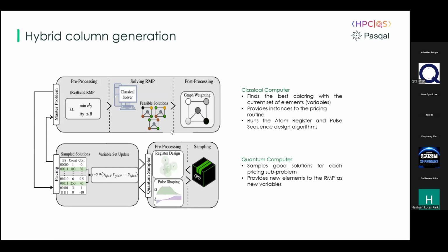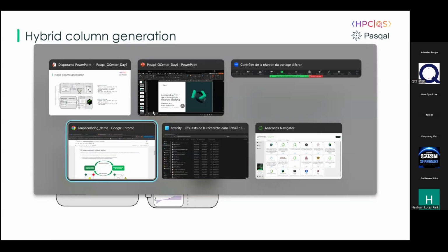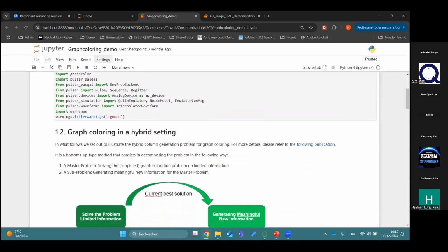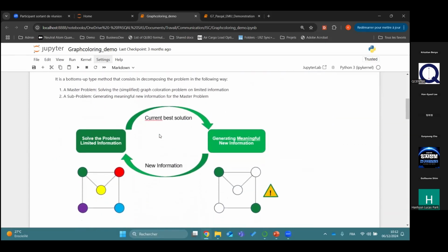And now what I wanted to illustrate is this method in action. So implemented very simply on Pulsar using some built-in graph modules to generate a quick instance for it.